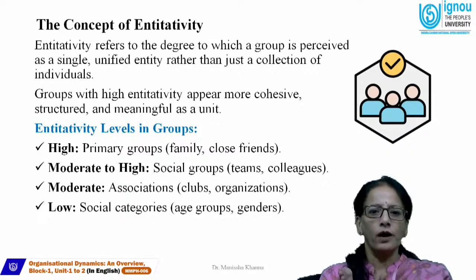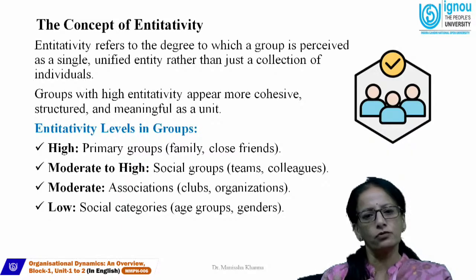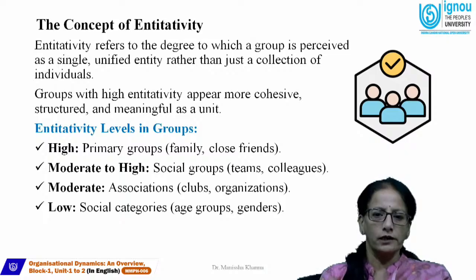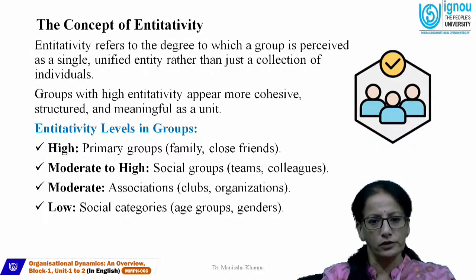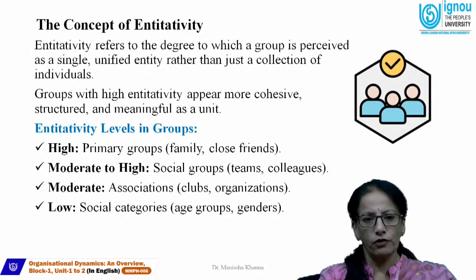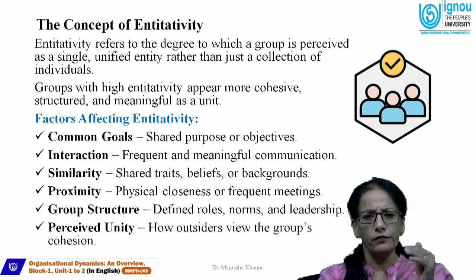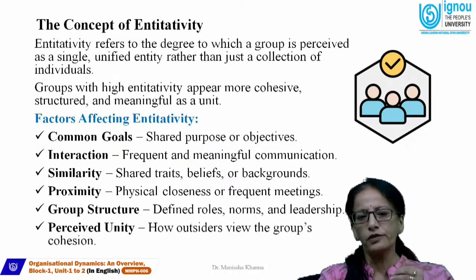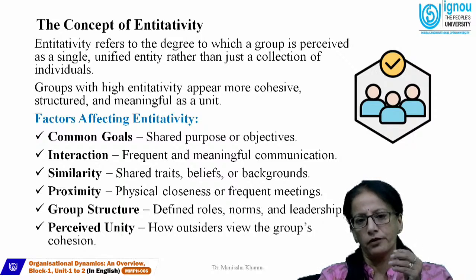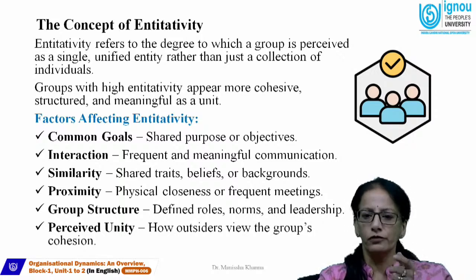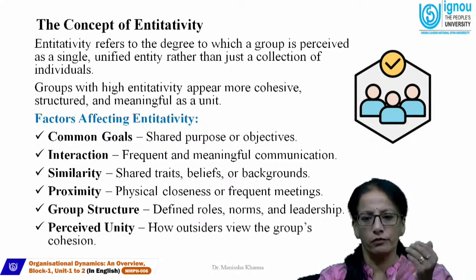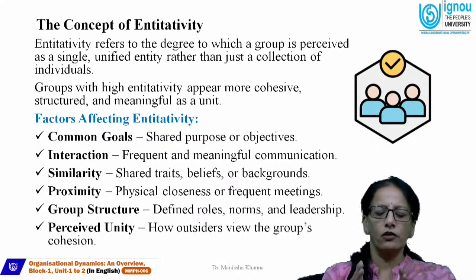Whereas moderate to high are seen as social groups, which are teams or organization groups, where of course if you see these factors, the goals are common, their interaction is there, but in presence of all this, there may be some different views, because everybody comes from a different background or has different beliefs.